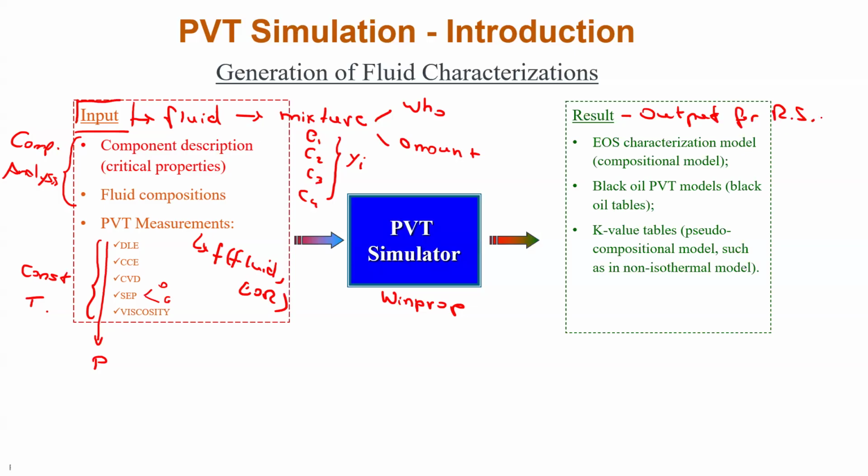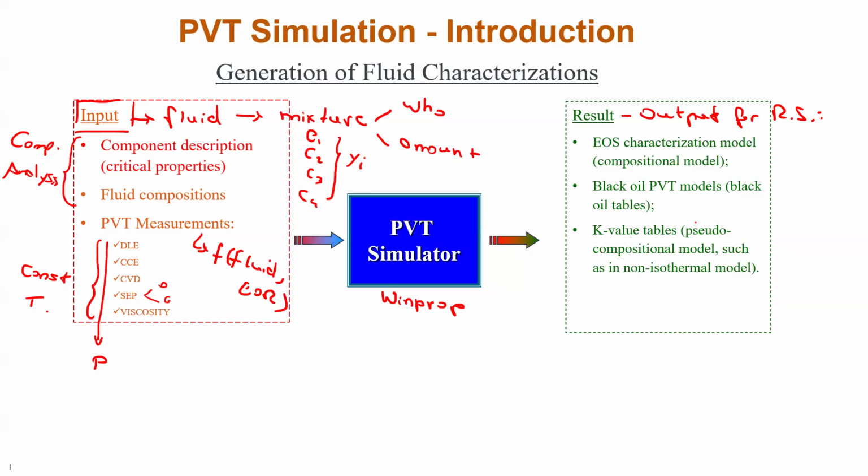So for reservoir simulation, for example, if you have a compositional model, you need the equation of state to calculate the properties of the components, to perform flash calculations, to calculate the relative amount of each component in the surface conditions. So equation of state can take over everything related to the fluid in your compositional model. Equation of state is the key part, is the kernel of your compositional model.